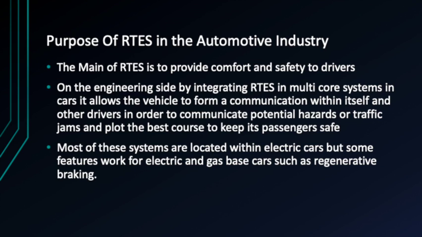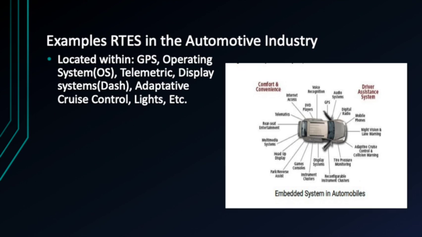I said most of these features are located within electric cars, but some are also in petroleum-based cars, such as regenerative braking, GPS, DVD players, etc. So here we have an example of an embedded system in an automobile.